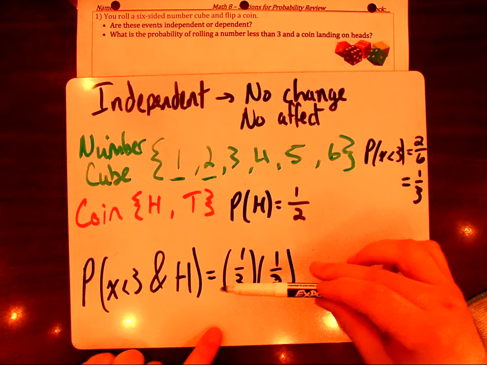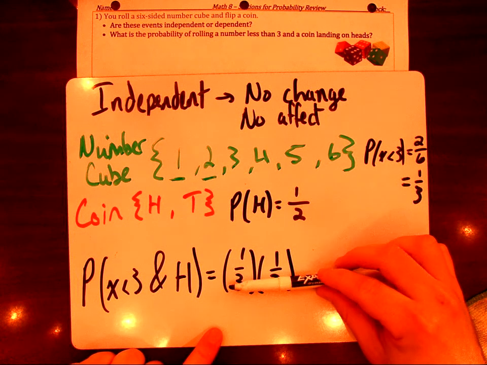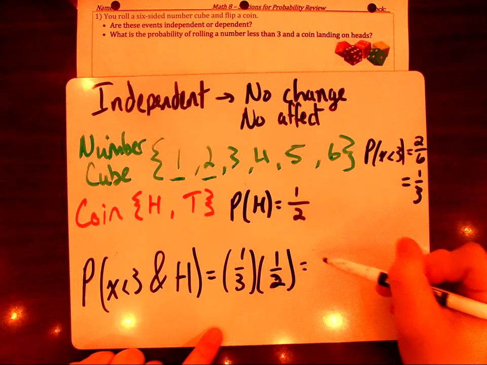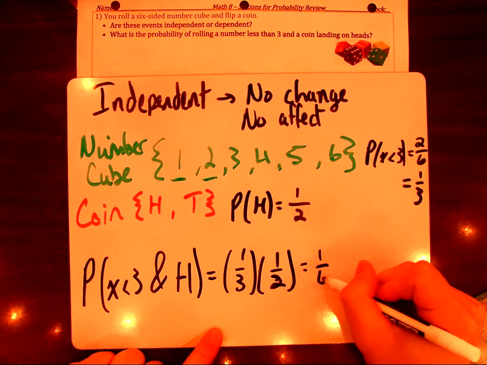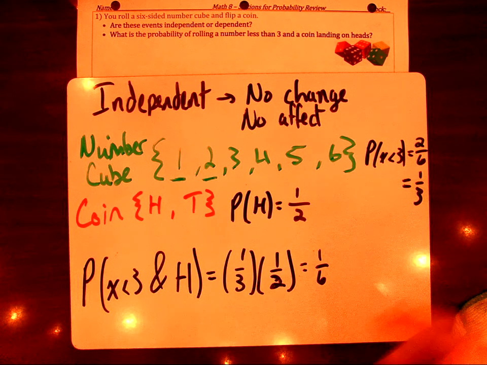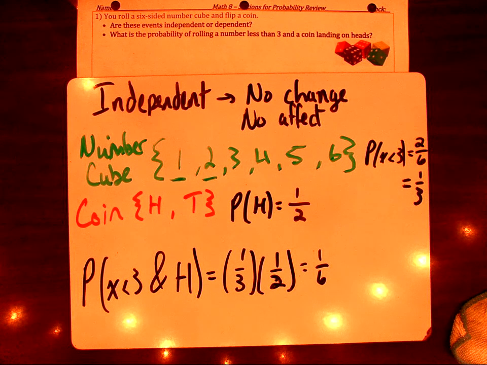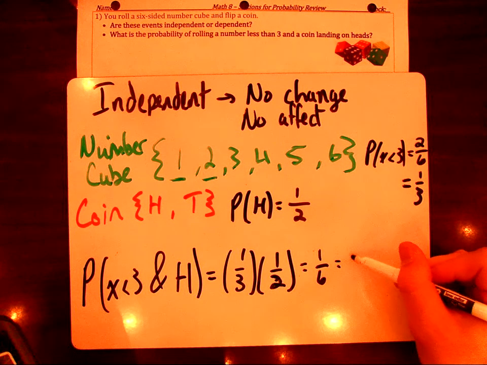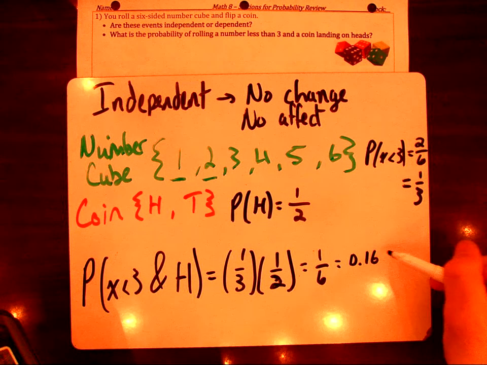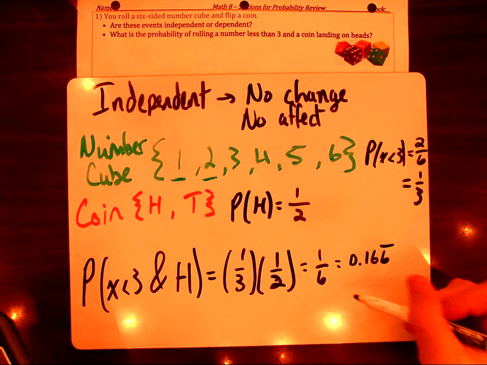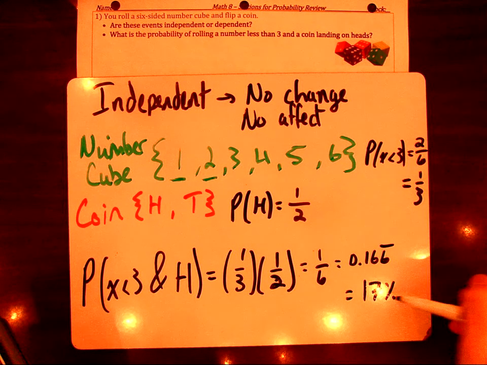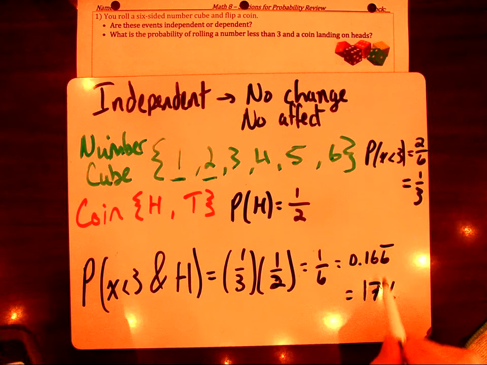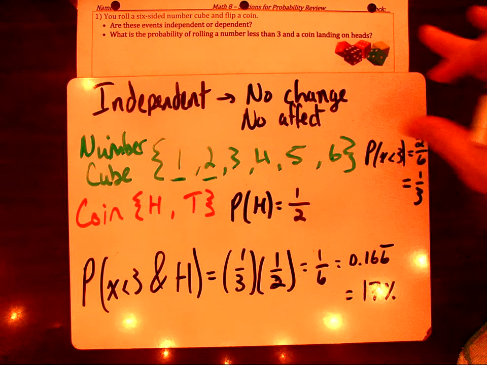Multiply the numerators, and so we say, all right, 1 times 1, that's real simple, is just 1, and then we do 3 times 2 is 6. Again, make sure you can show that fraction, decimal, percent form. So it'd say, all right, that decimal is going to be 0.166 repeating, which is just about 17%. Again, we round to the nearest hundredth or the nearest percent.